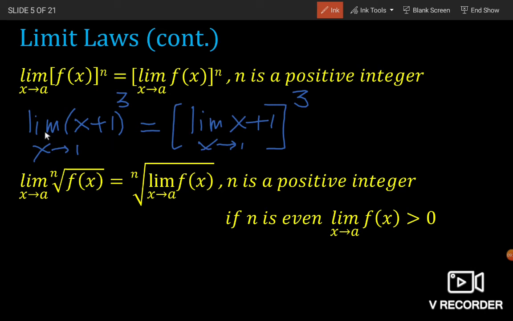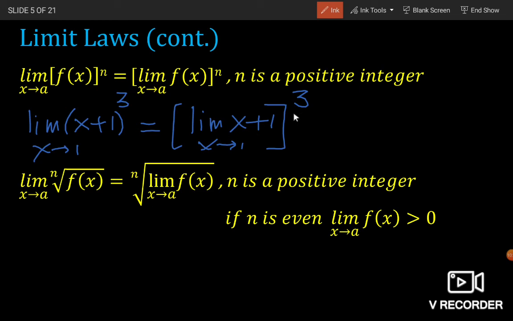So you get the limit of x plus 1 as x approaches 1, and after you get the whole limit, you raise it to the third power.